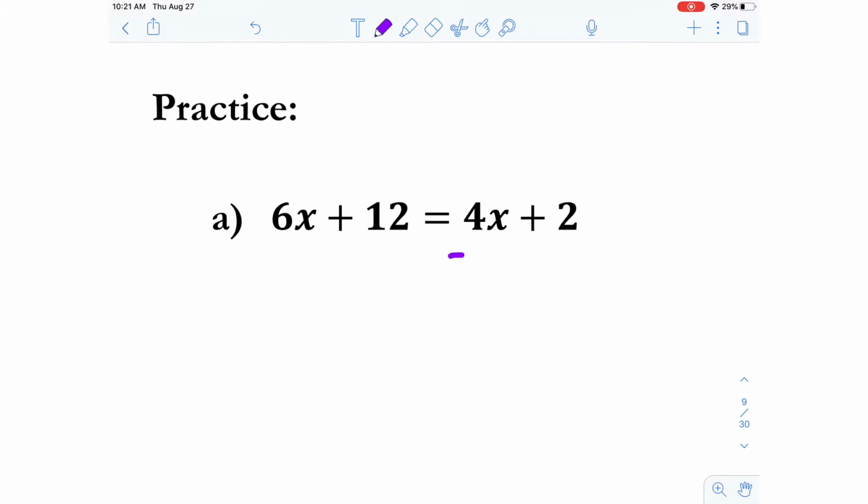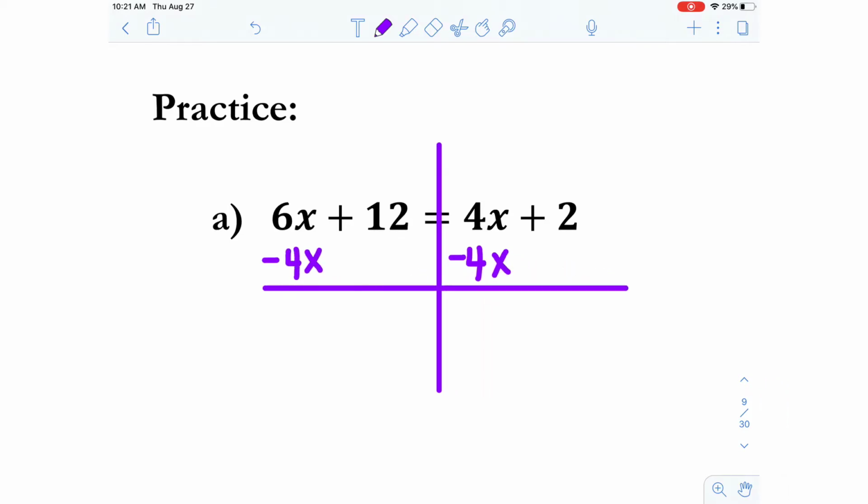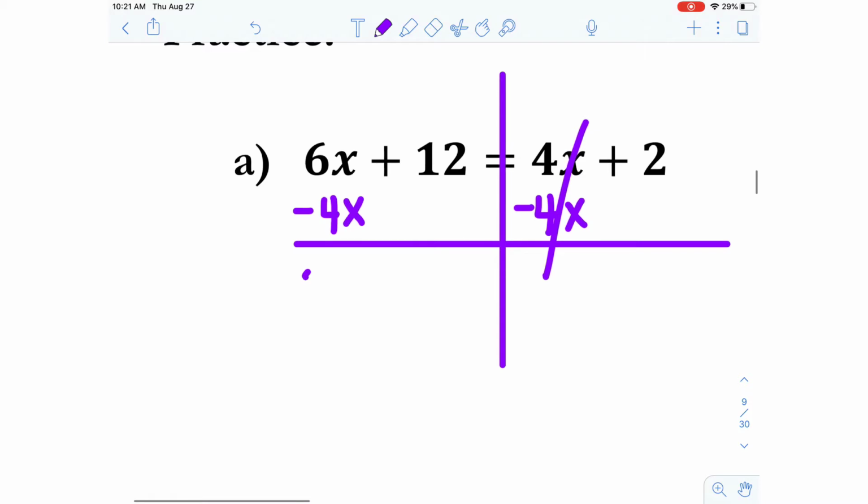Starting with letter A. Remember, some people like to draw a line where the equal sign is to remember, hey, that's like a barrier. That's like a wall. In order to get through the wall, I have to move it over by subtracting. You don't have to draw the line, but you can. So I'm going to move over the 4x by subtracting it over. And I get 2x plus 12 equals 2.